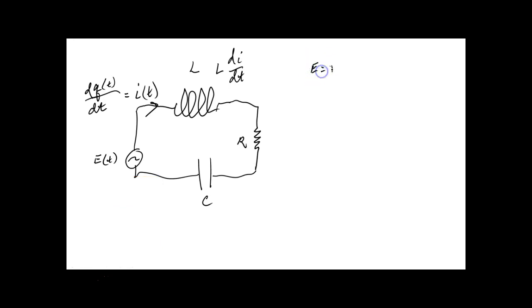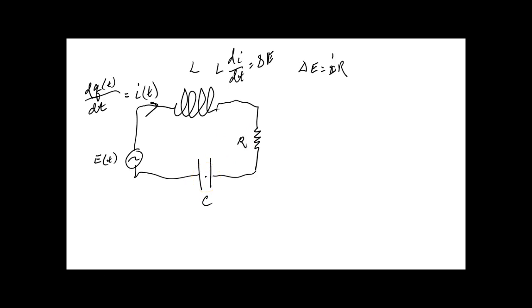E is equal to IR. That's Ohm's law. So the voltage drop is the current times the resistance. I'm sorry, I keep putting capital I's. Current times resistance. So this is the voltage drop, the delta E across an inductor. This is the delta E across the resistor.